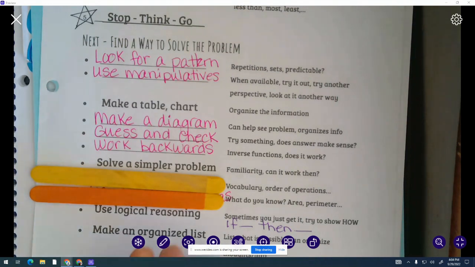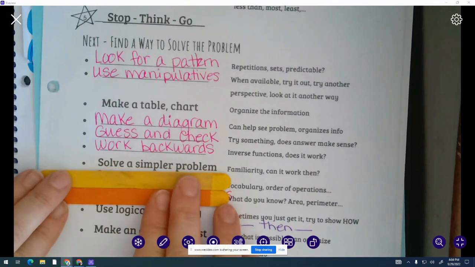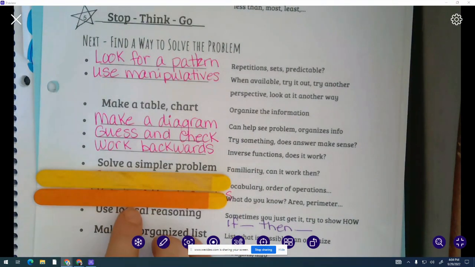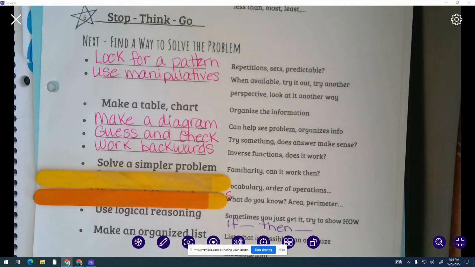Now, something else that shows up is solving a simpler problem. Right now we're doing a lot of work with decimals. And let's say we're trying to round a whole number to the nearest 10 spot. Well, you could use that as the simpler problem for when I'm asking you to round to the nearest 10th spot.